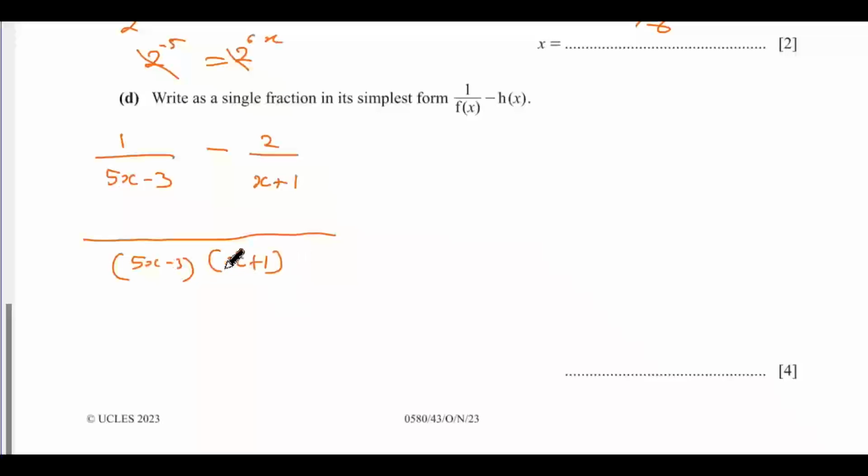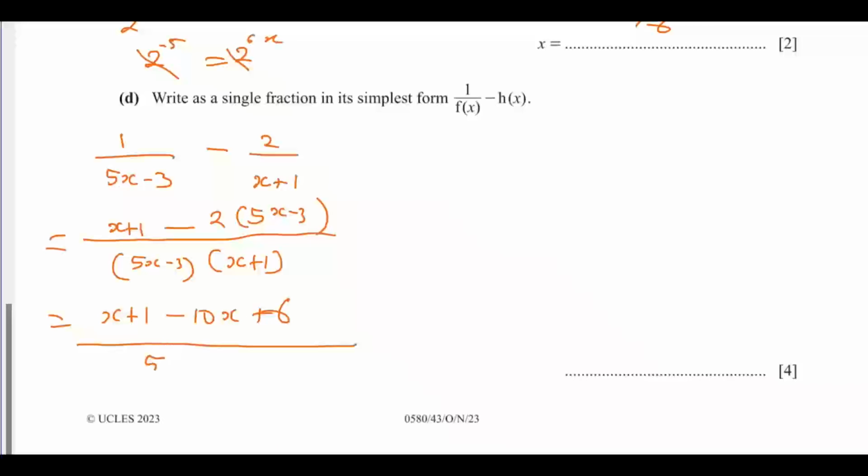The LCM divided by 5x minus 3 will leave us with x plus 1. The minus, the LCM divided by x plus 1, will leave us with 5x minus 3 multiplied by 2. So let's expand this. This will give us x plus 1 minus 10x, then plus 6, everything over 5x minus 3 into x plus 1.